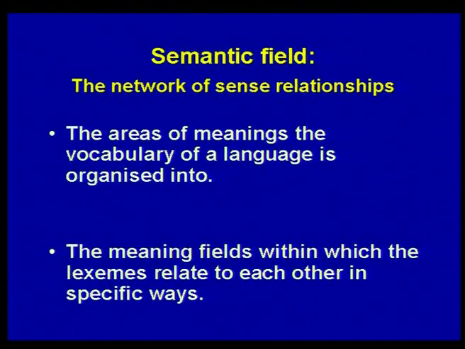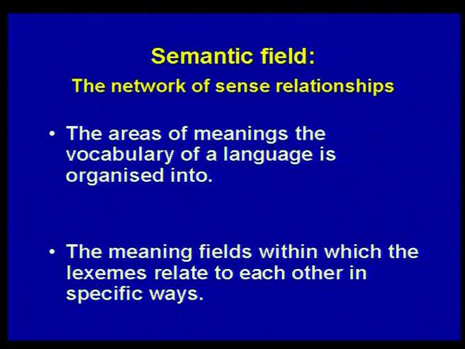When you look at the semantic field of the word, we find that various words within the semantic field also exist in many different kinds of relationships with one another. The most well-known, the most popular kind of semantic relationship is the distinction between the syntagmatic and the paradigmatic relationship.